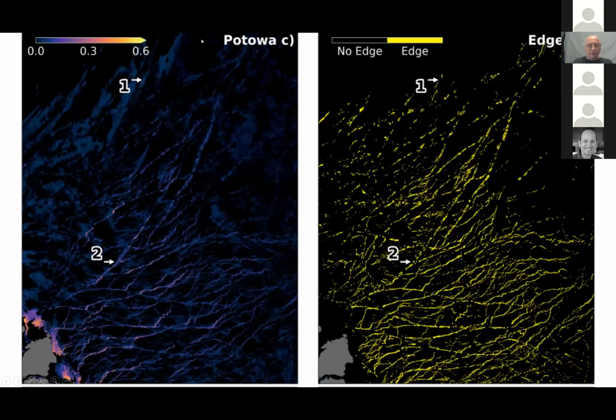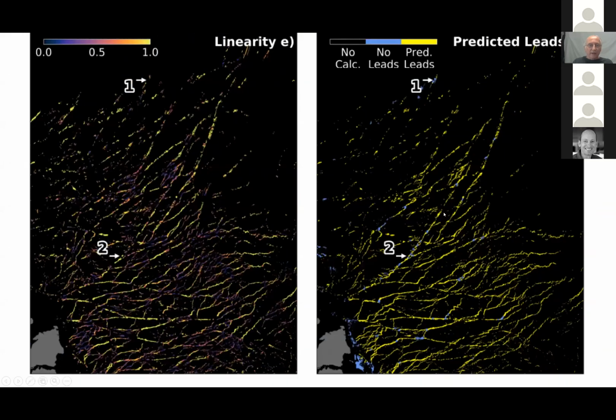We use this potential open water, some kind of sea ice concentration algorithm, to have an available sea ice concentration, or the 1 minus sea ice concentration to be exact. Then we make an edge detection, which shows sharp contrast between warm and colder signatures. And then we look if the feature is linear, which we expect for a lead, a linearity score, and then we have combined the two predicted leads here.